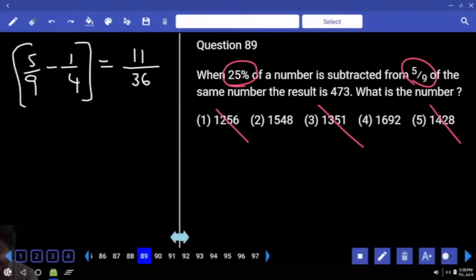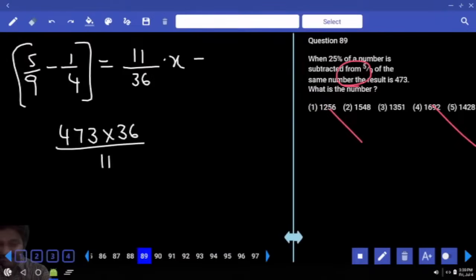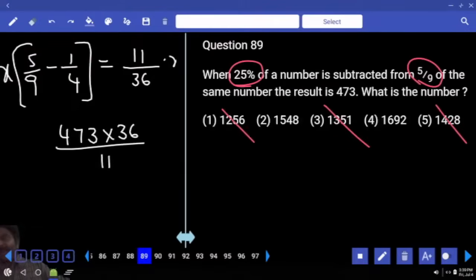Now the original number is going to be 473 into 36 divided by 11 only, because 11/36 of the number is equal to 473. You understand? Numerator ends with, denominator ends with, answer ends with, already 3 eliminated, 1 more eliminated.